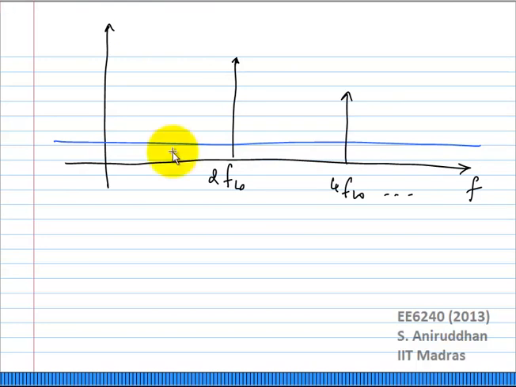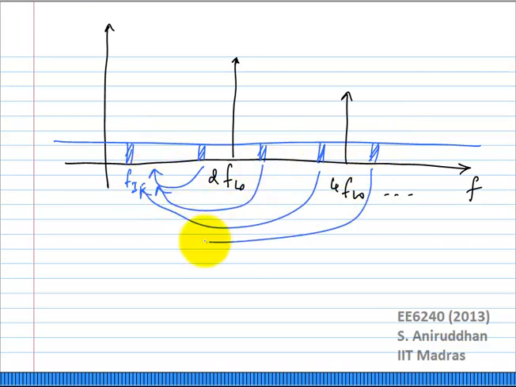So what we found was that noise from these points actually makes its way back to FIF. Noise from all of these make their way back to FIF, but this is actually sampled by the pulse train.